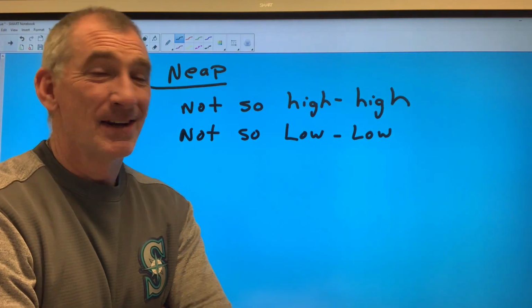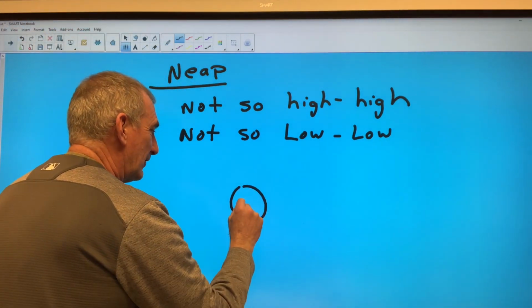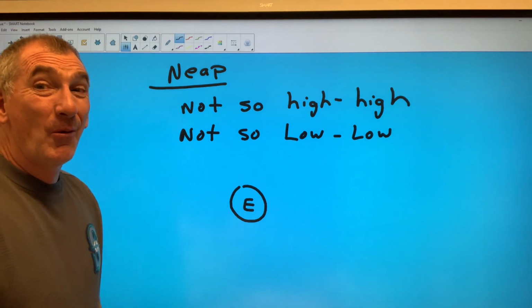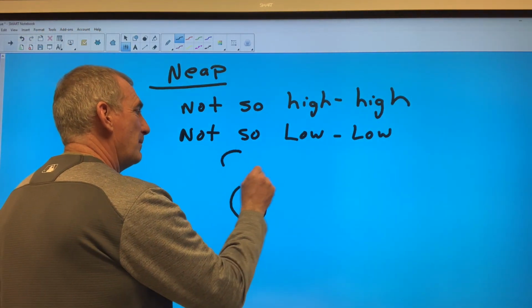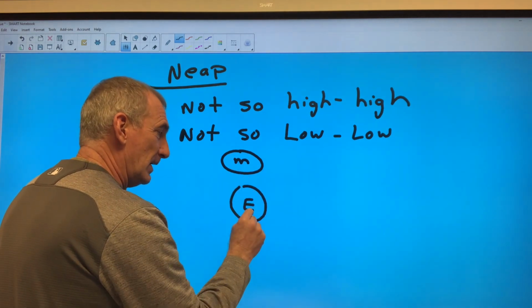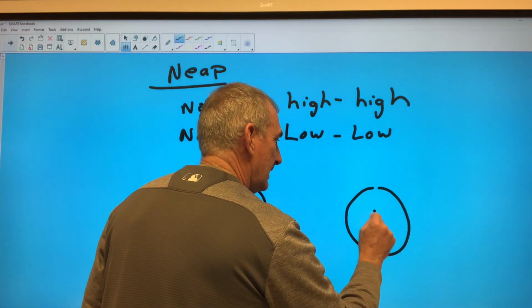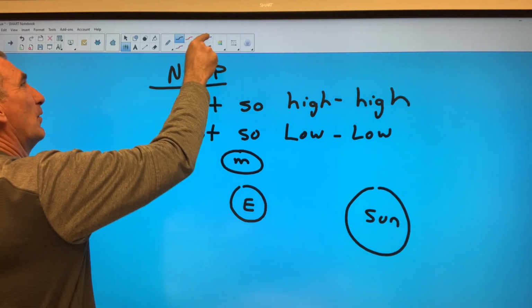It's caused by the two things that create gravity on the earth working against each other. It's caused by the moon, the earth, and the sun making a right angle.